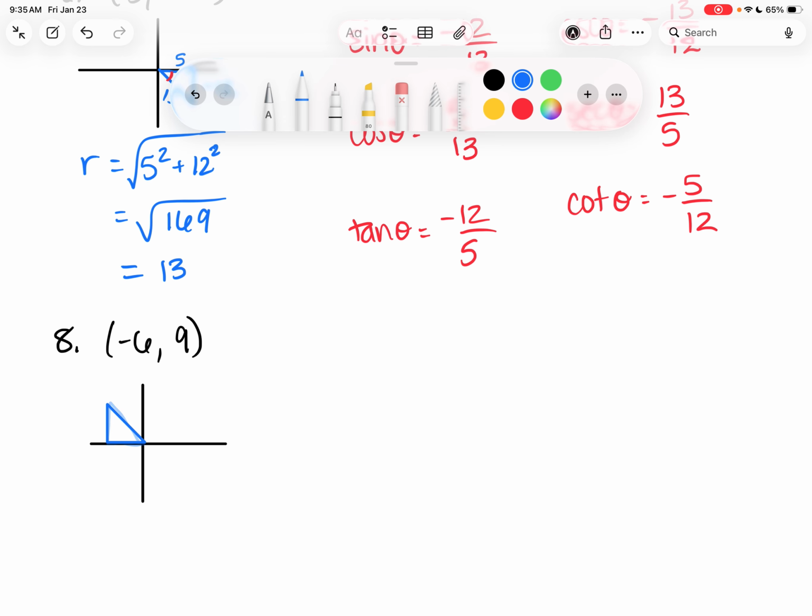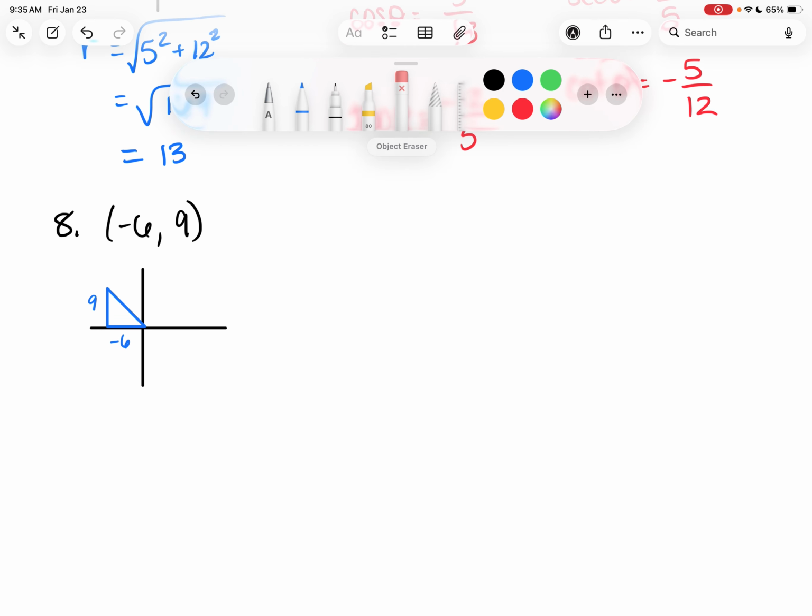Again, it's touching the x-axis, not the y-axis. So x is negative 6, y is positive 9, and then I need to find my hypotenuse. So I'm going to say R is equal to the square root of 6 squared plus 9 squared.